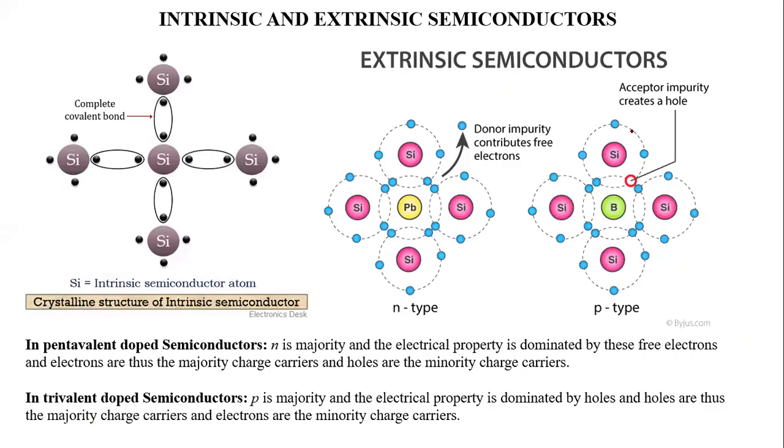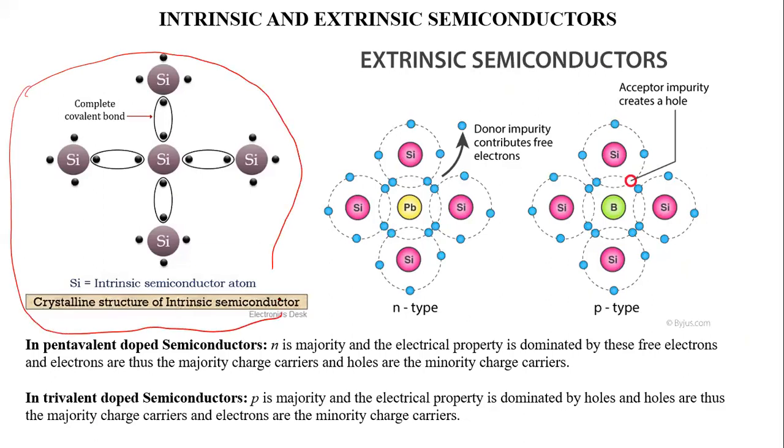Now, let us look into what are called extrinsic semiconductors. So far, what we have discussed is called intrinsic semiconductor. Intrinsic semiconductors are those without any impurity or foreign element. If it is a silicon crystal, all the atoms are silicon atoms.